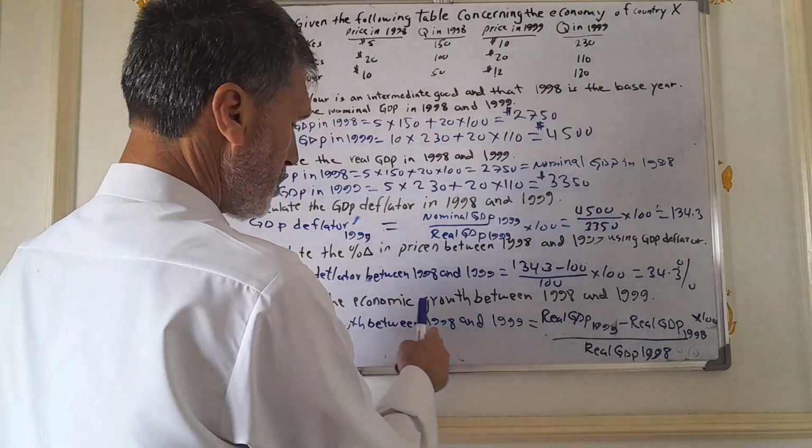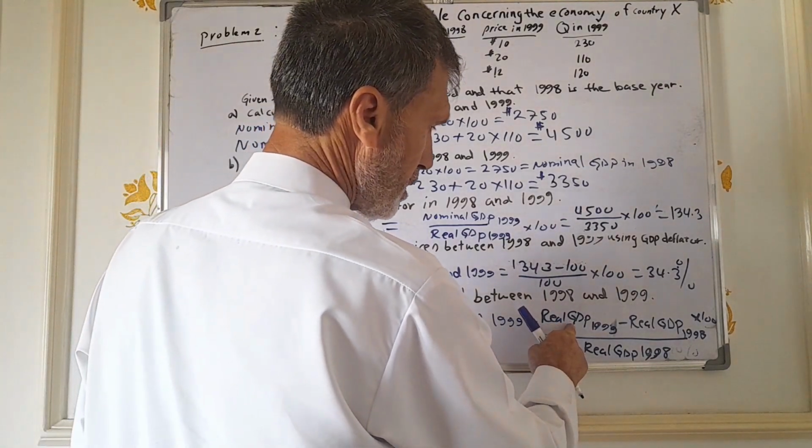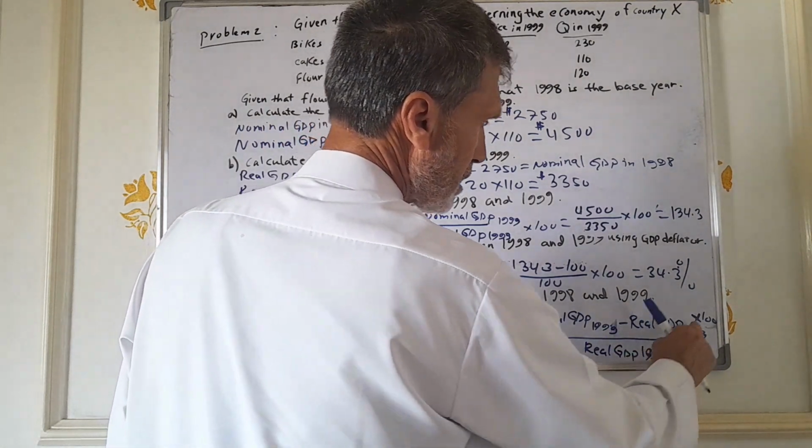Therefore, economic growth between these 2 years, 1998 and 1999, is equal to real GDP in 1999 minus real GDP in 1998, over real GDP in 1998, times 100.